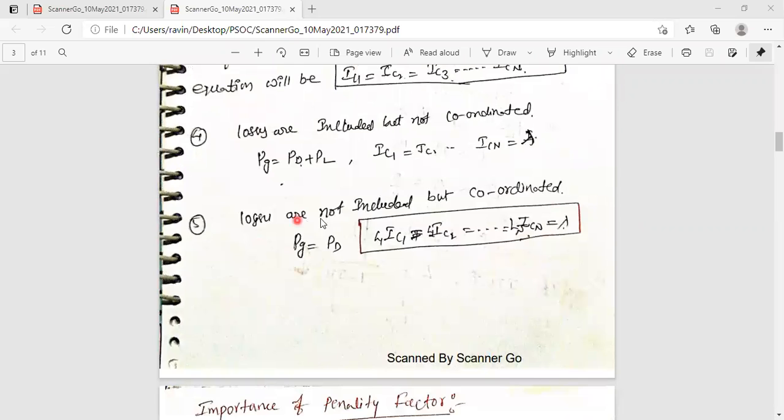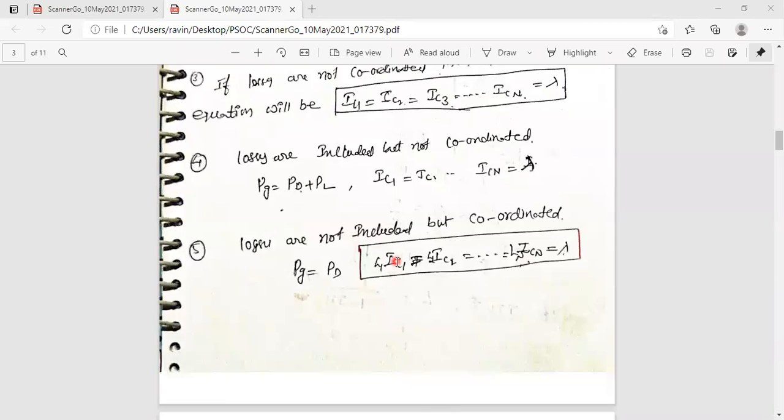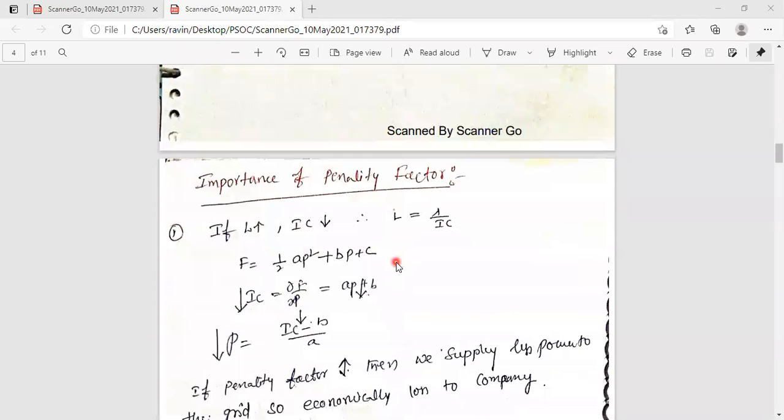And the last conclusion is where the losses are not coordinated. This happens at a very far distance from the power plant. So what is the importance of the penalty factor?